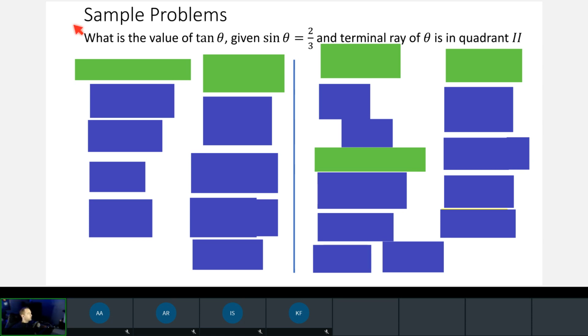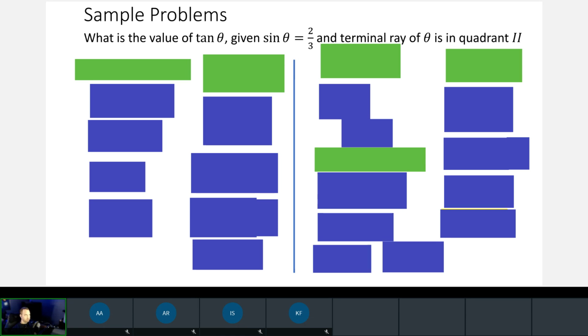All right. So what did all of you choose? We'll go from forward to the end. What did you all choose for the first one to use? Remember, there's more than one answer. So what's the first one? Sine squared, cosine squared.